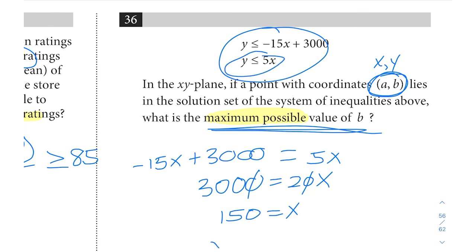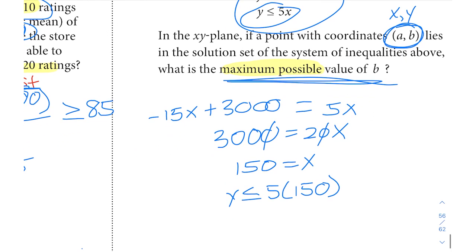And it doesn't matter which one of these inequalities you plug it in for. So I think the second one's probably a little easier here. So if you plug in 150 for x, you would get y is less than or equal to 5 times 150. And that would give us y is less than or equal to 750.